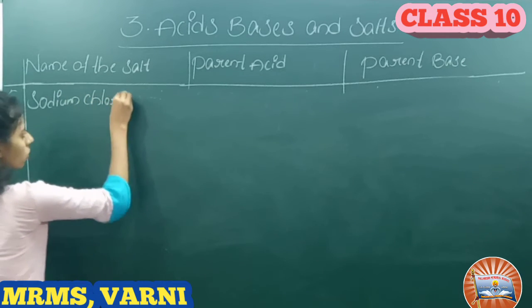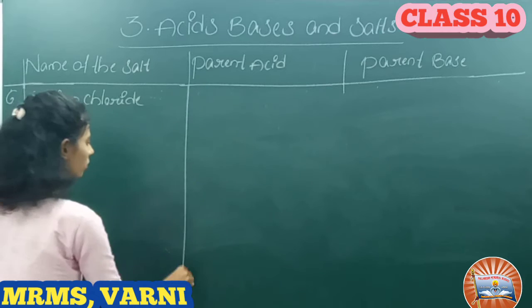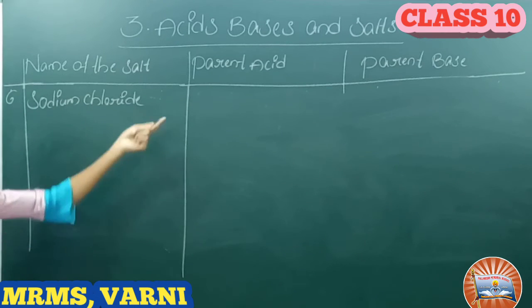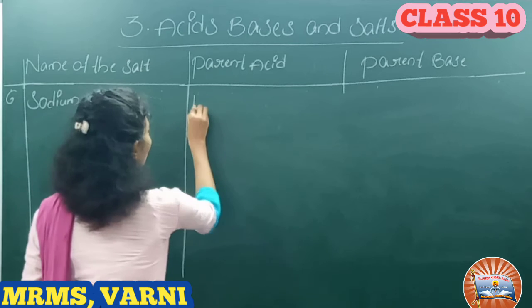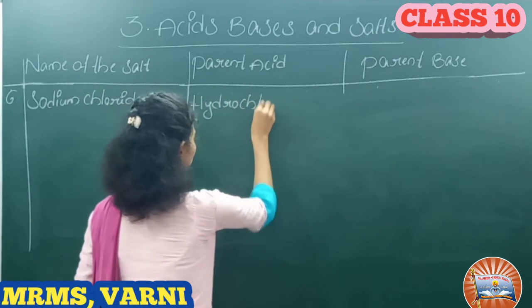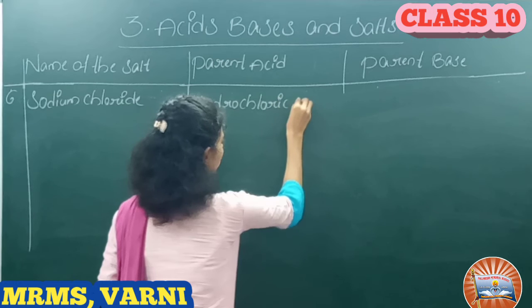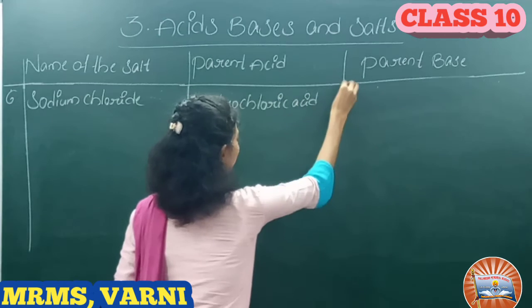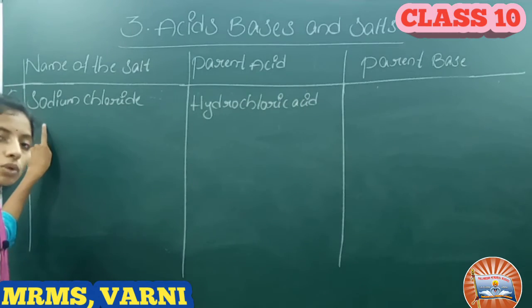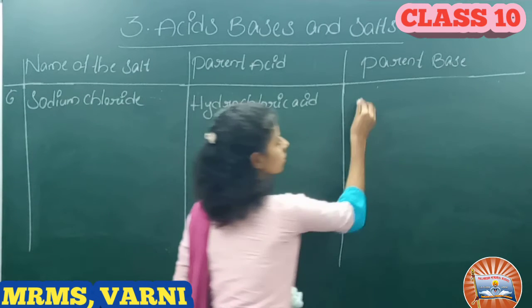The name of the salt is sodium chloride, and for this sodium chloride the parent acid is a hydrochloric acid. And the parent base is a sodium hydroxide.